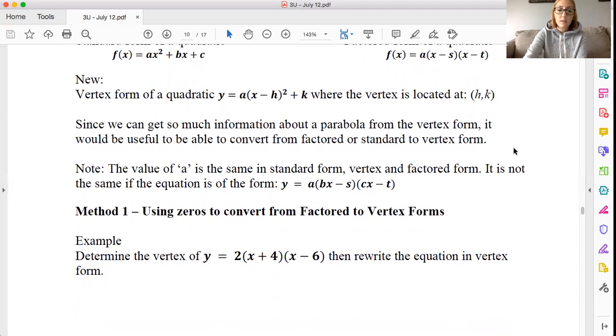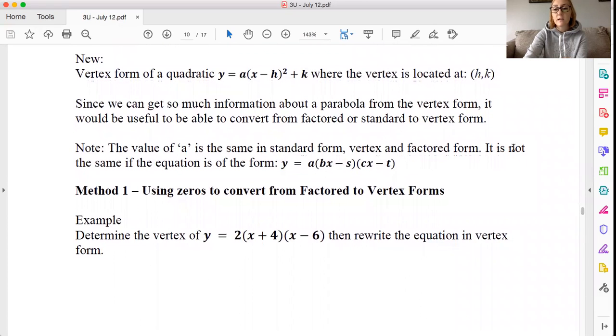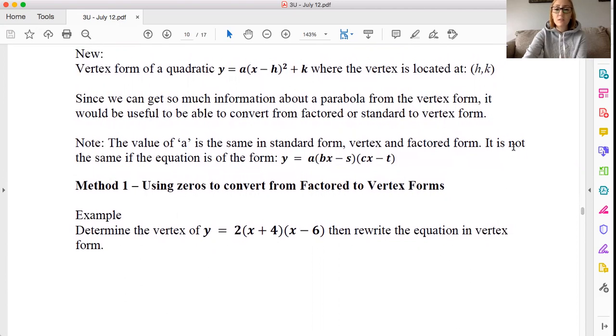That's not necessarily new. So since we can get so much information about a parabola from the vertex form, it would be useful to be able to convert from factored or standard to that vertex form. The reason why it's a lot easier is because we know our vertex, and then our a here is going to tell us how wide or skinny that U shape, that smiley face, is going to look like.